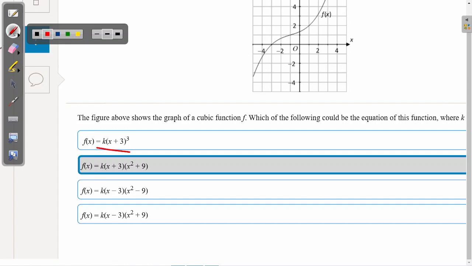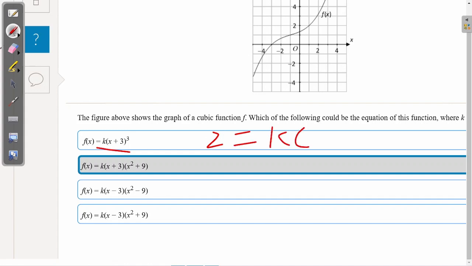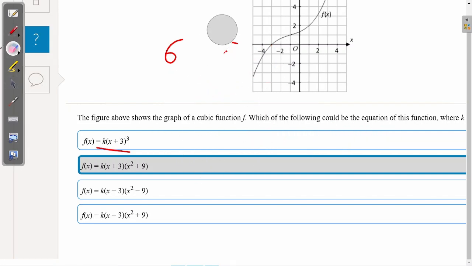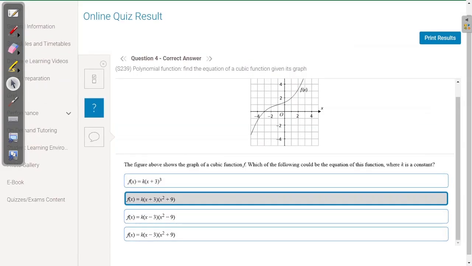So let's check. 2 equals k times 1 plus 3 cubed. 1 plus 3 is 4, 4 cubed is 64. 64k equals 2, k equals 2 over 64. That's not the same, so it's wrong. So the only other option is the x plus 3, x squared plus 9.